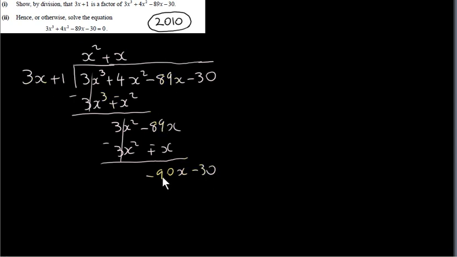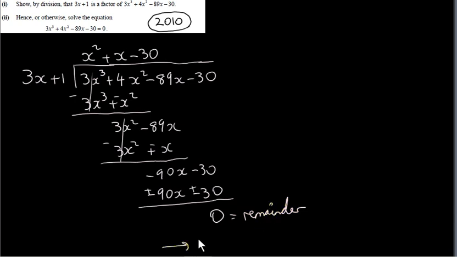Divide 3x into minus 90x to get minus 30. Or sorry, minus 30. Minus 30 by plus 3x gives us back minus 90x. Minus 30 by plus 1 gives us minus 30. Then we subtract, and we get 0. So the remainder is 0.